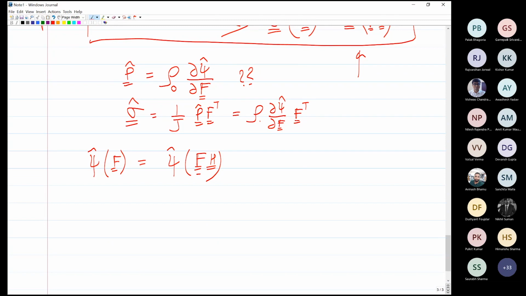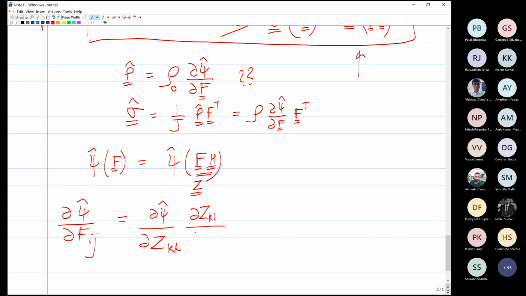So think of this Fh as some Z. If I find del psi hat by del Fij, then that's equal to del psi hat by del Zkl times del Zkl over del Fij, isn't it? I'm just differentiating this identity with respect to Fij.